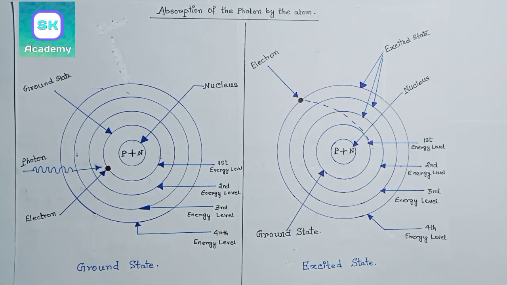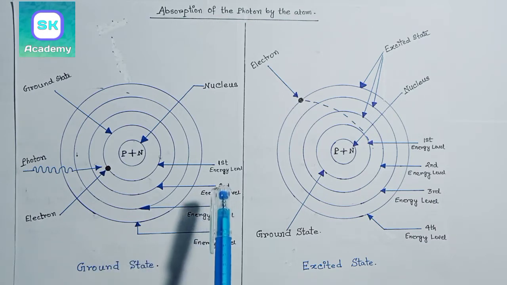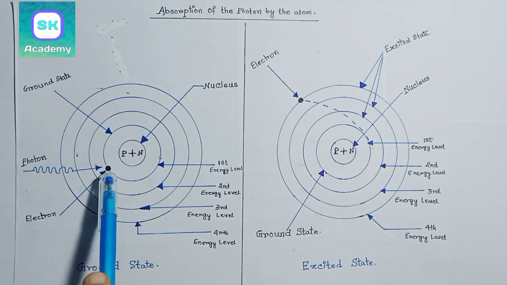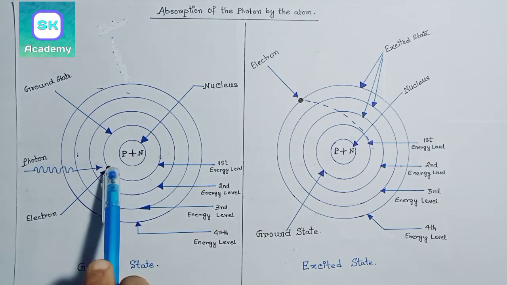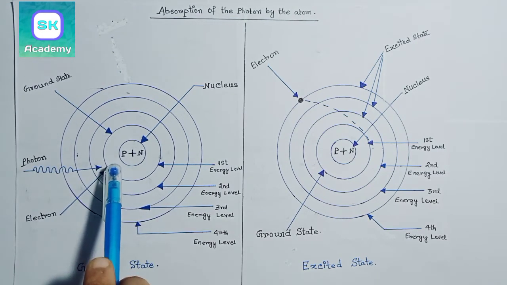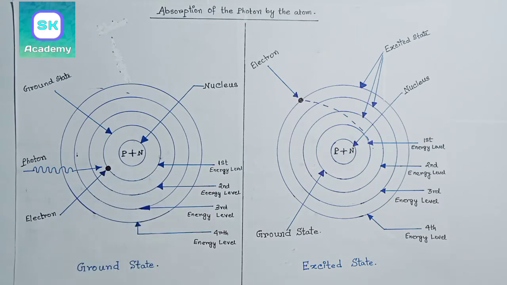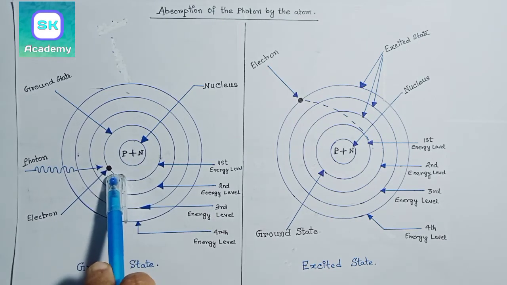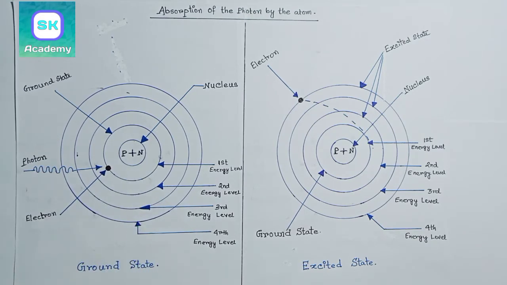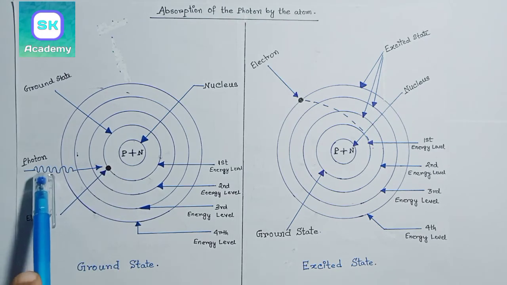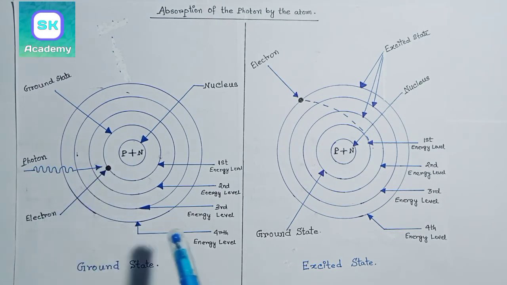First is absorption of the atom. In absorption, initially electrons are in the ground state. Ground state means the lowest energy state. Now when electron absorbs a photon, electron gains energy and becomes excited.